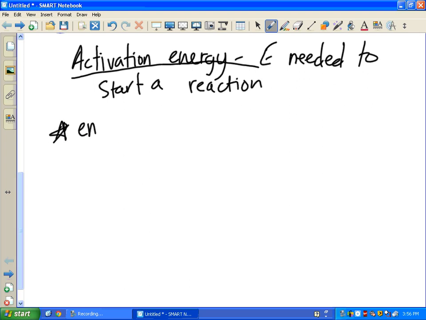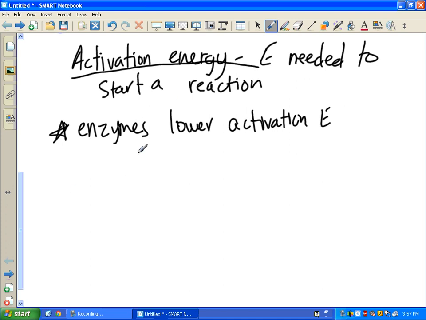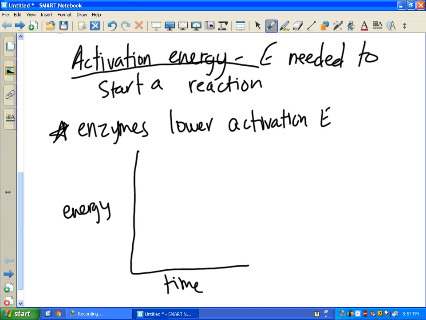An enzyme will lower the activation energy. Normally this is energy on a graph and this is time. Normally it looks something like this.